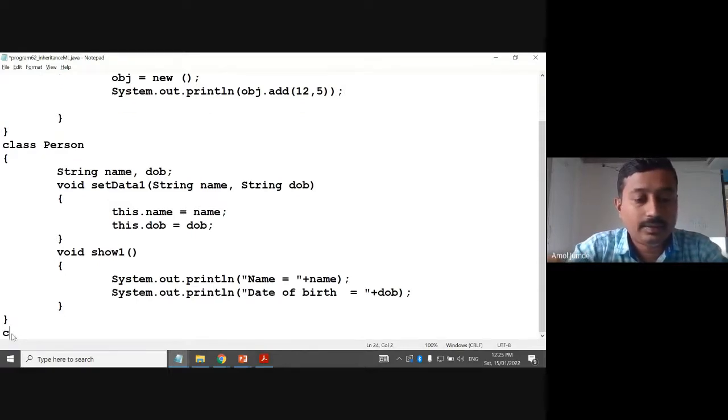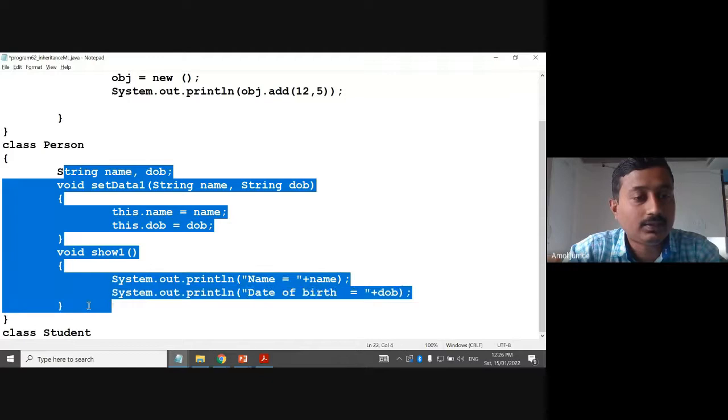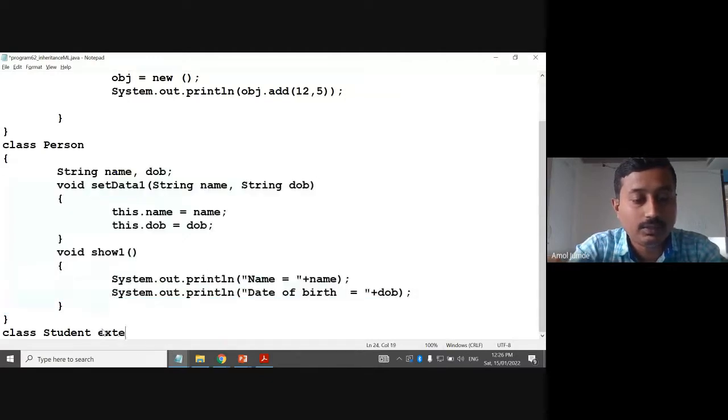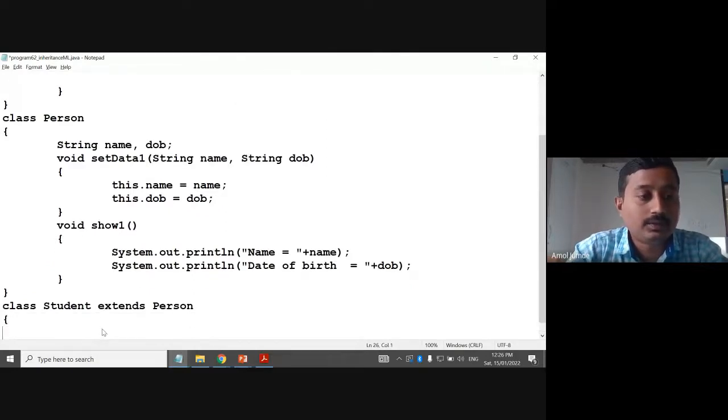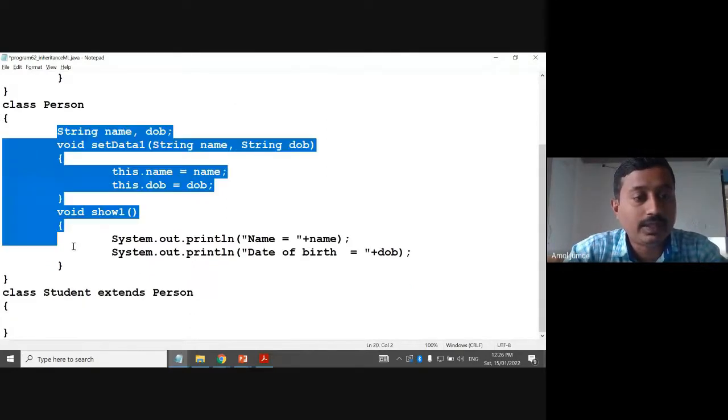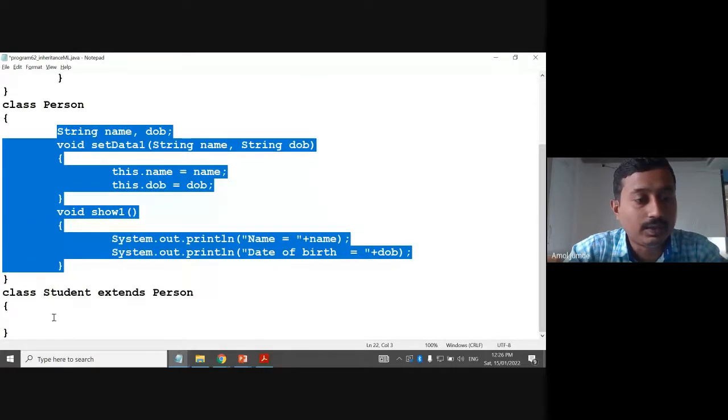Similarly, we are going to create class student. Okay, but student will also have a name and dob, right? We should have a function for setting the name of the student. There is an existing class called person, so why not extend that? So virtually this functionality will come to this student class.